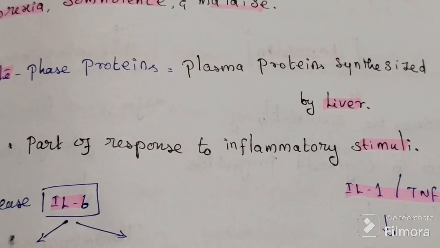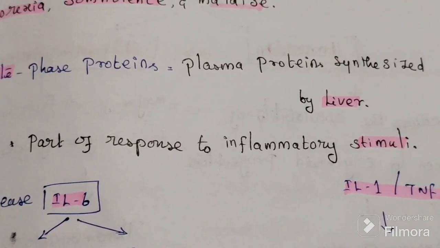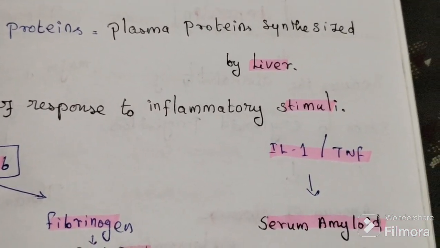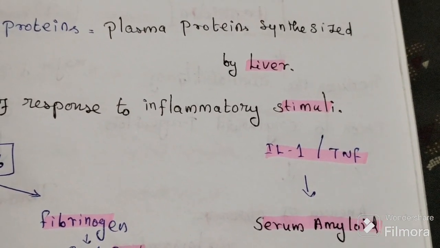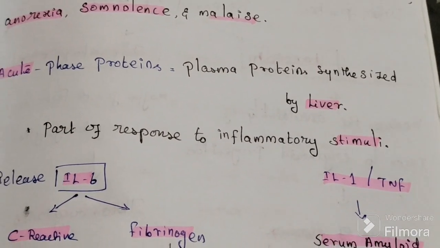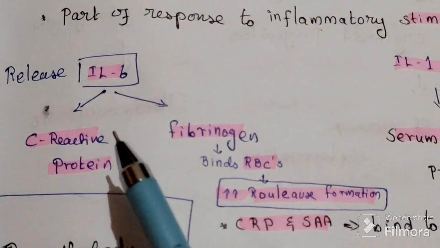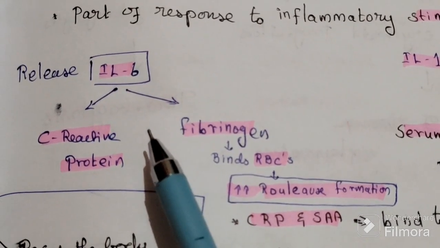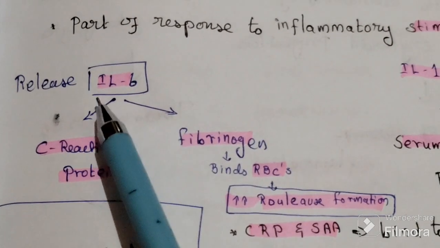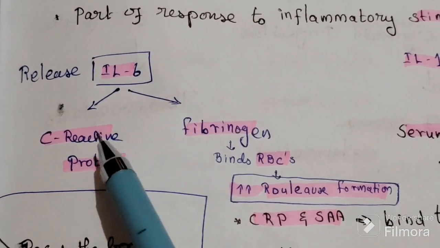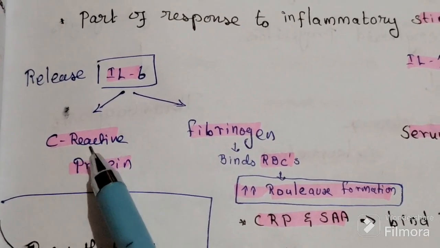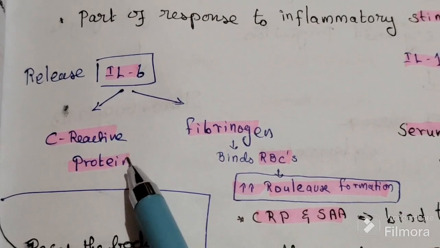We know that because of inflammation there is release of various cytokines in the form of interleukin 1, interleukin 6 and tumor necrosis factor. Now interleukin 6 stimulates the liver to produce two plasma proteins, C-reactive protein, commonly called CRP, and fibrinogen.